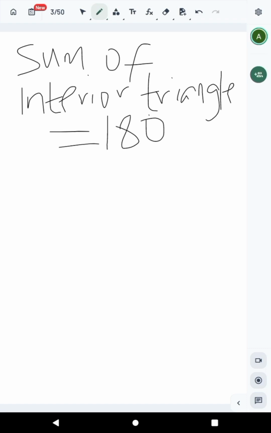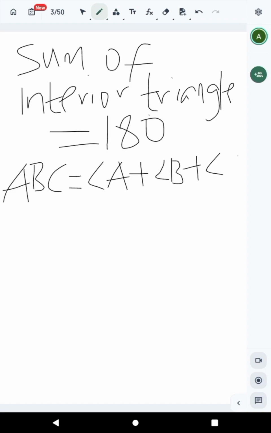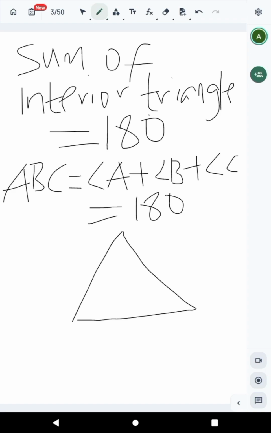So from triangle ABC, angle A plus angle B plus angle C is equal to 180. From the first diagram I drew, we have 90 degrees here, and we are given 63 here. So this is A, this is B, and this is C.